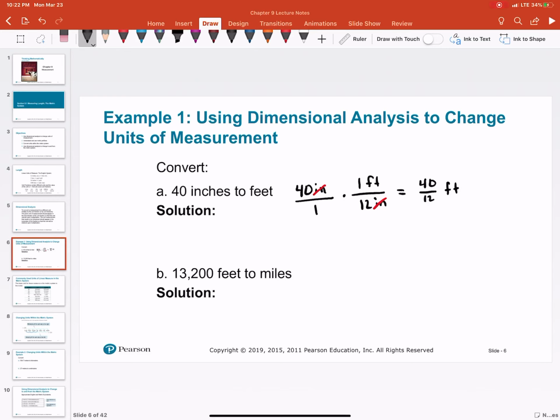So make sure you got that. Now you want to make sure you reduce the fraction. We know 4 goes into both of them, and if 4 goes into both of them, we wind up with what? 10 over 3.